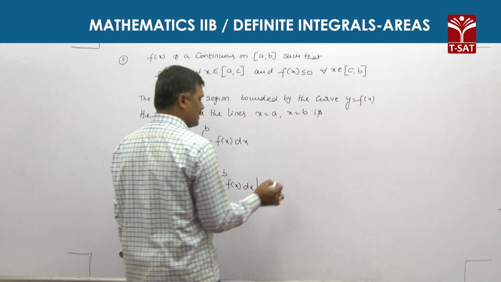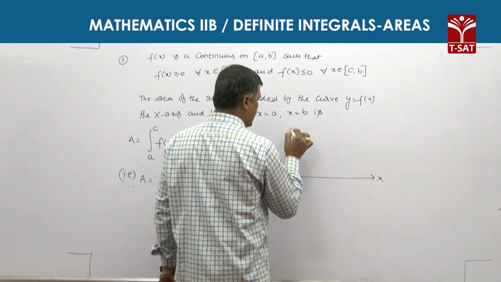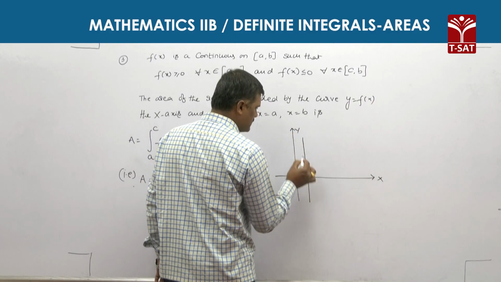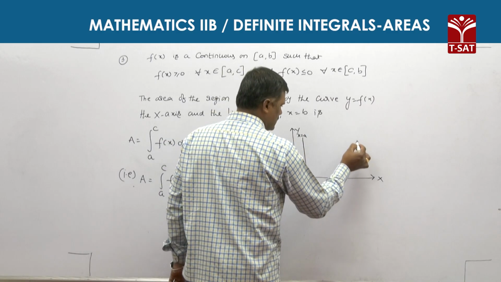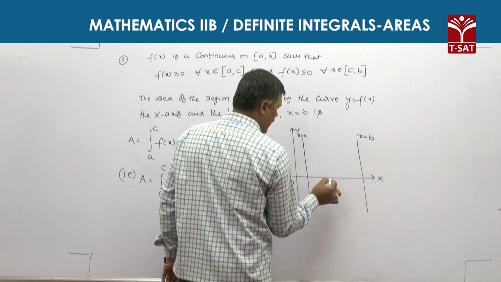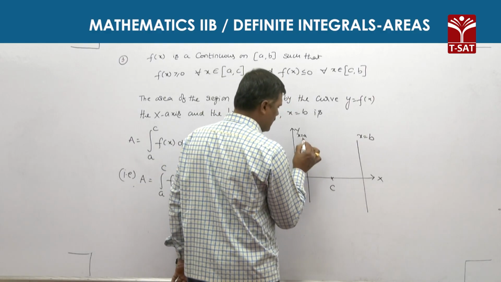So for this diagram, with the x-axis, y-axis and the origin, x equals a and this is x equals b, there exists a c belonging to the closed interval ab.